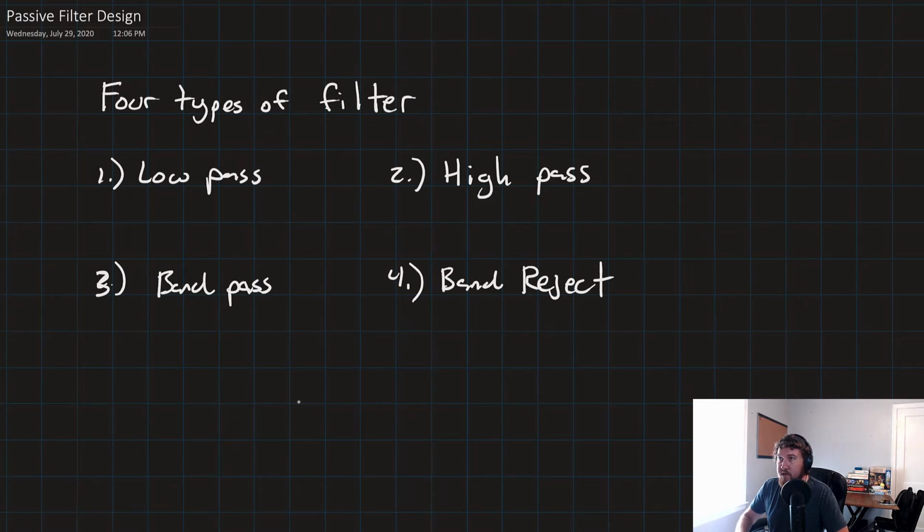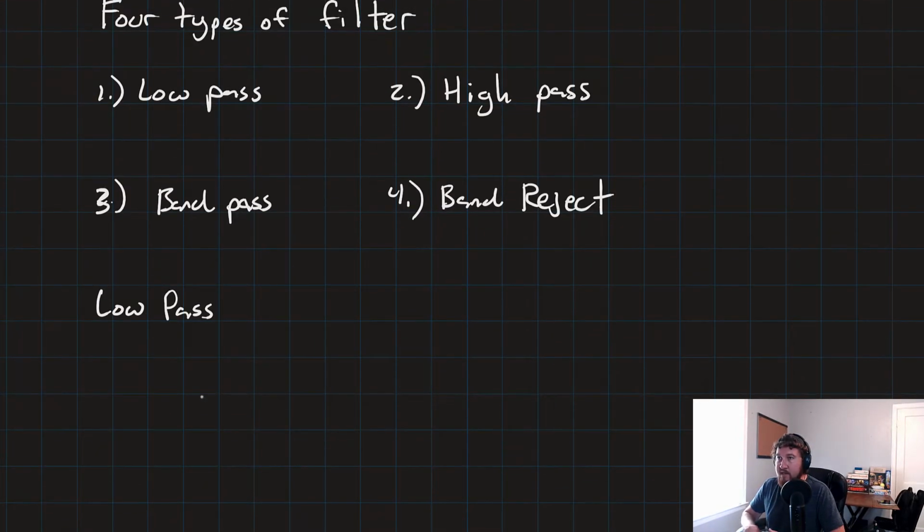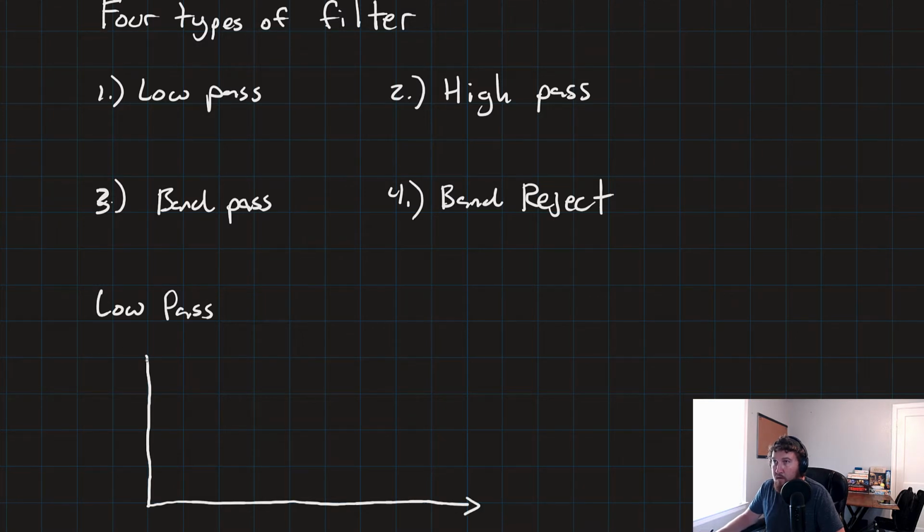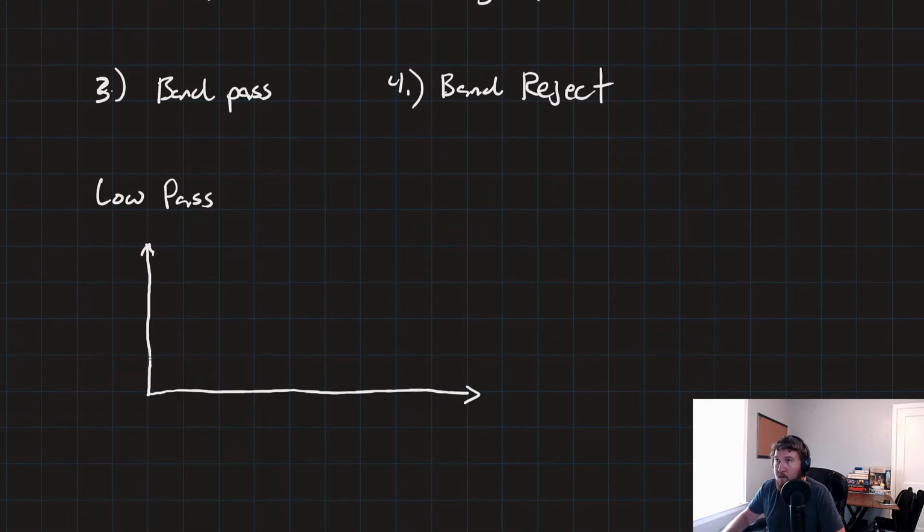First, if we look at just the low pass, what we're interested in doing is essentially creating a specific transfer function that fits a certain profile. So if we graph it out, on the vertical axis we'll have the magnitude of our transfer function.